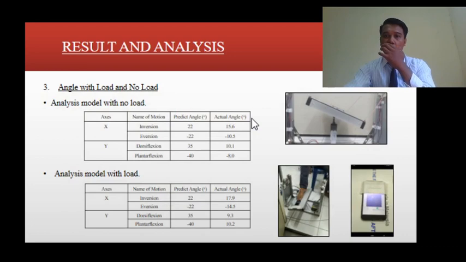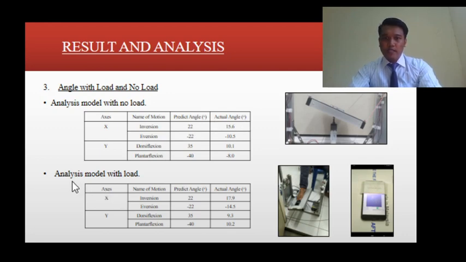So this is a result analysis with angle, with load and no load. You can see this in the table. First, the analysis of the model with no load. This is axis to axis motion, the predicted angle and the actual angle.